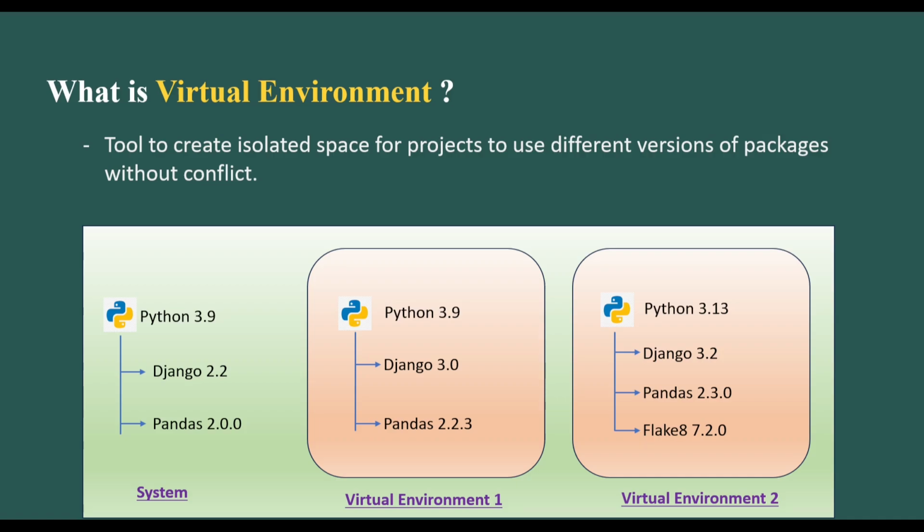So a project running in virtual environment 2 will have these three packages and these versions, and a project running in virtual environment 1 will have Django 3.0. Another difference is in virtual environment 2 we have Python 3.13 version instead of 3.9.